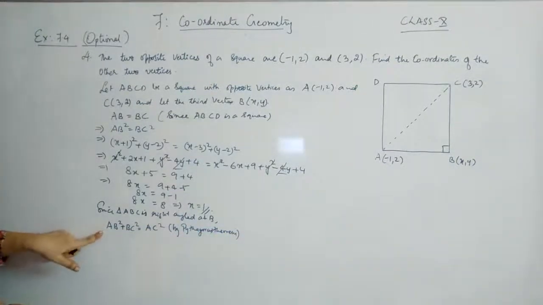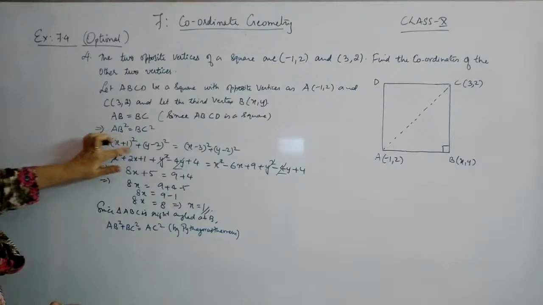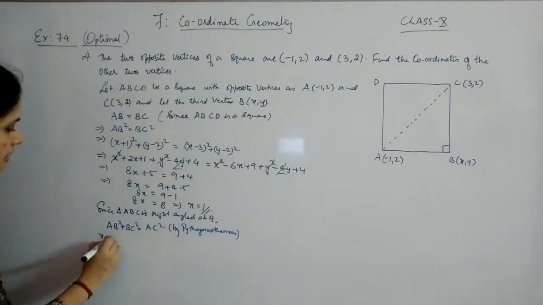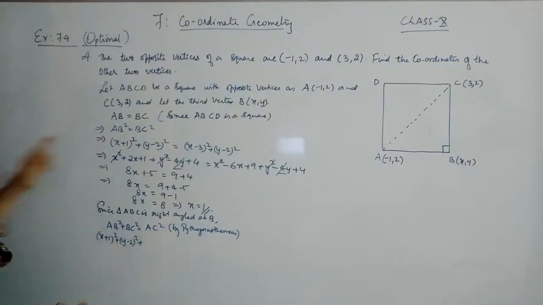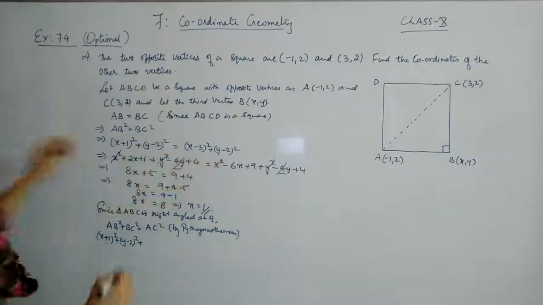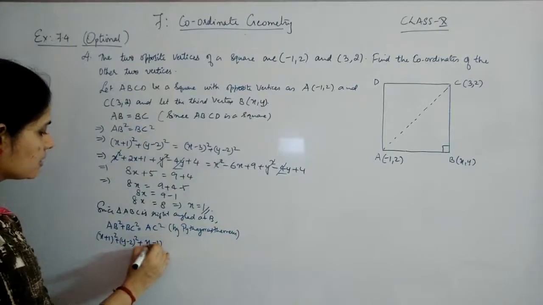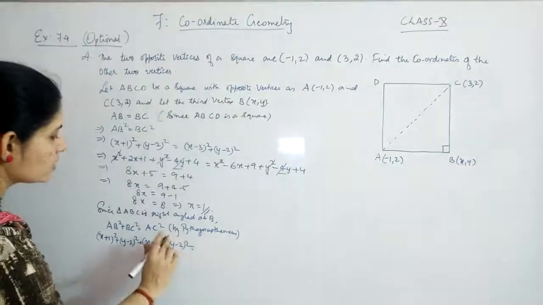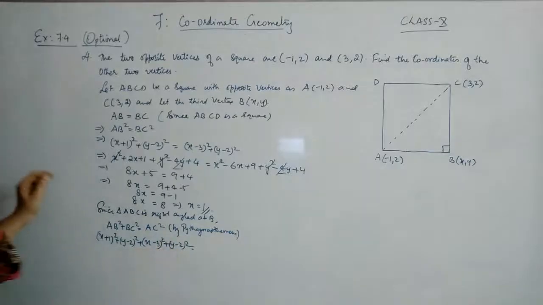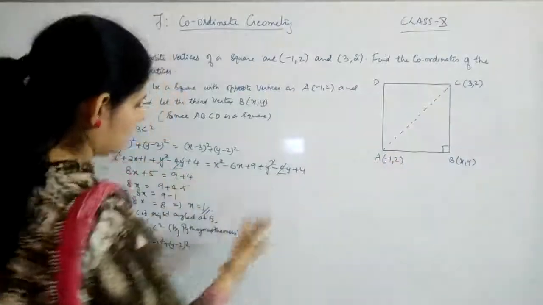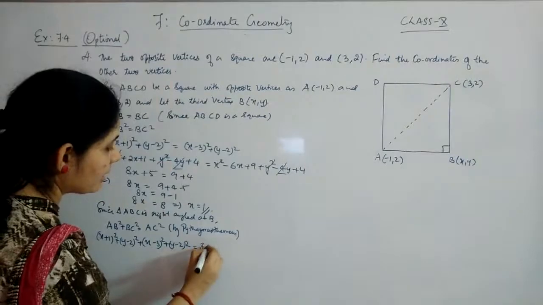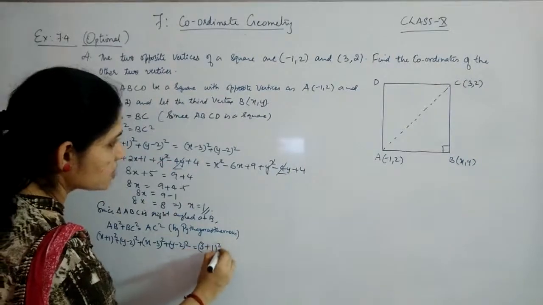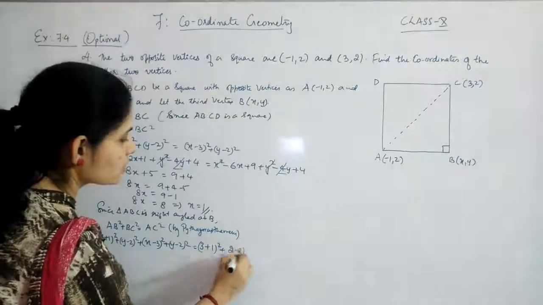Now we are just replacing AB square with what we have already written. So it is x plus 1 the whole square plus y minus 2 the whole square, plus BC square, which is x minus 3 the whole square plus y minus 2 the whole square, which is equal to, what is AC square? 3 minus minus 1, that is 3 plus 1 the whole square plus 2 minus 2 the whole square.